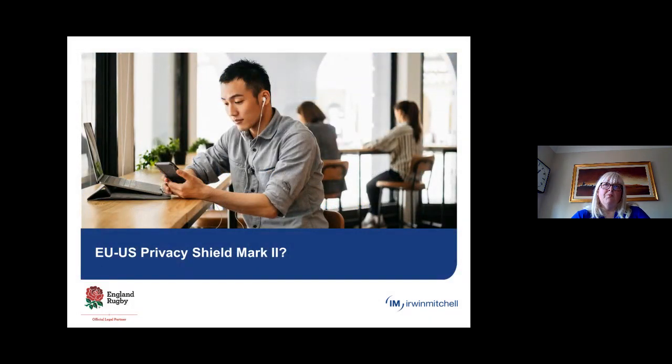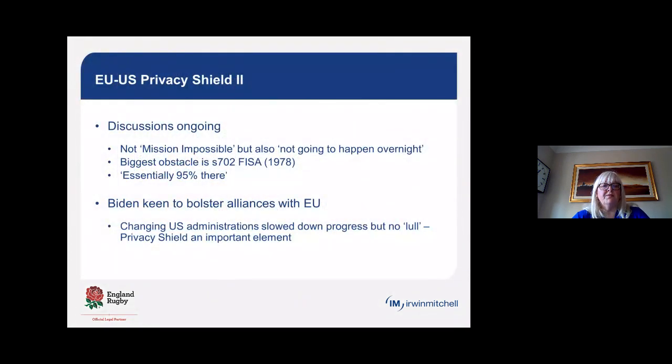In terms of Privacy Shield, I mentioned in relation to Shrem's that Privacy Shield had gone. Politically, there's a lot of political will, moving on to the next slide, to get a new version of Privacy Shield, so whether we'll see Privacy Shield 2. I think the change in administration in the US obviously caused a bit of a slowdown, but our understanding is that Biden is very keen to bolster alliances with the EU, and so they're trying to push that ahead and get that done.